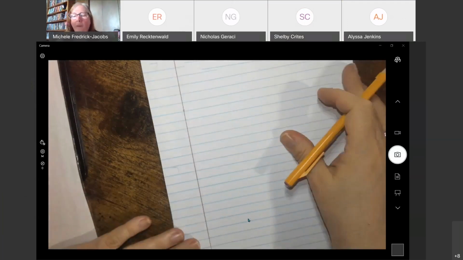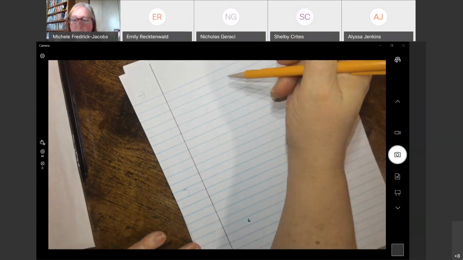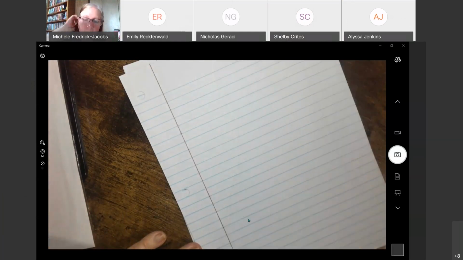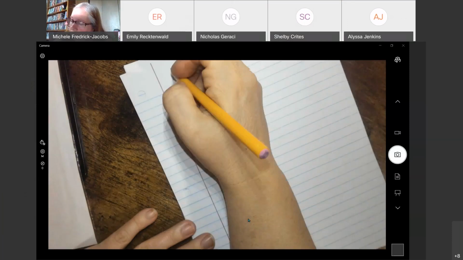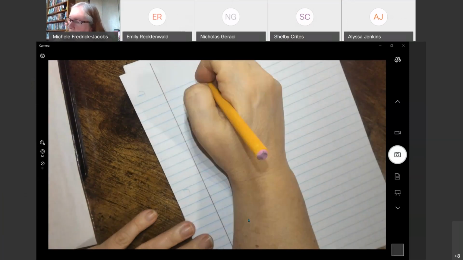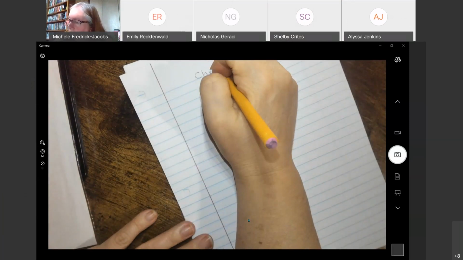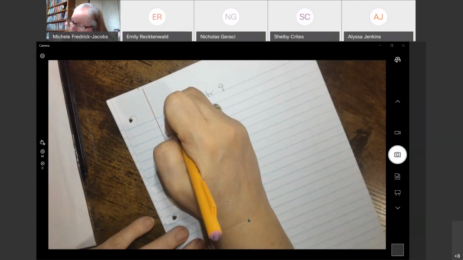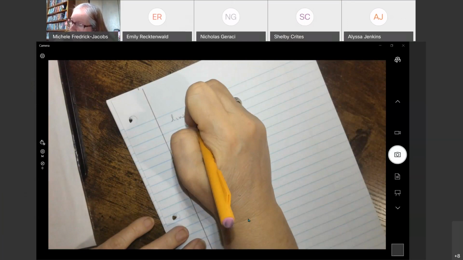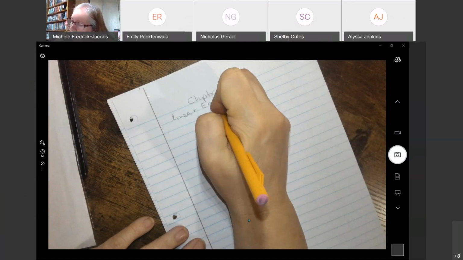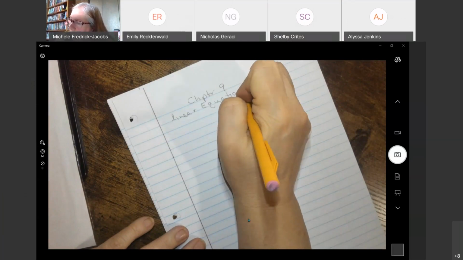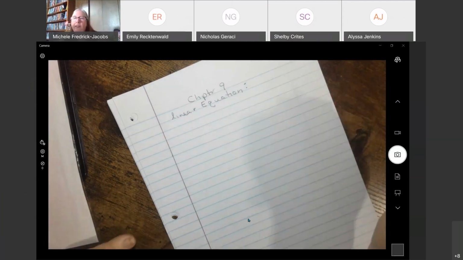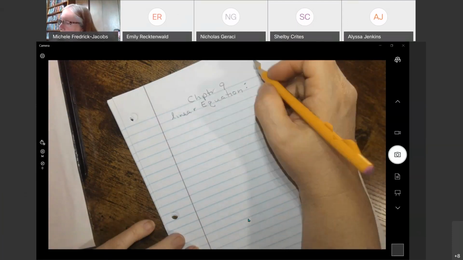Chapter 9 is about linear equations and exponential growth. It's linear when it's changing by the same amount each time.